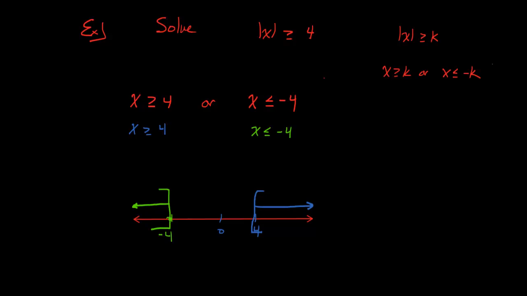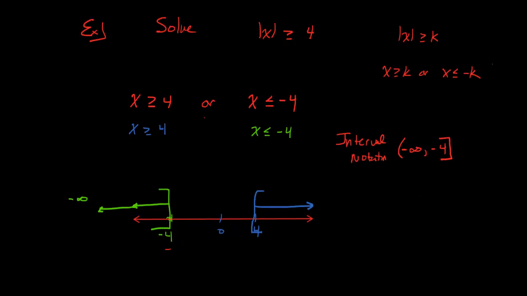If I want to write my solution in interval notation, I start where my arrow reads, and my arrow reads all the way over down here. This is negative infinity. I start reading left to right, so I start at negative infinity and go all the way until negative 4. I close negative infinity with a parenthesis, and then close negative 4 with a bracket because we are working with greater than or equal to.